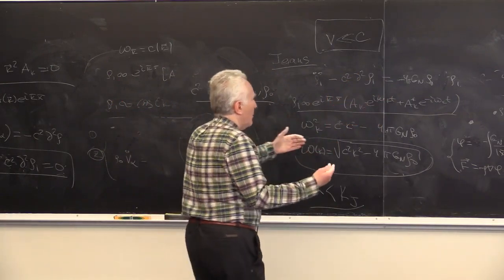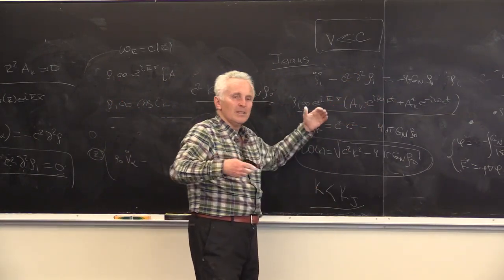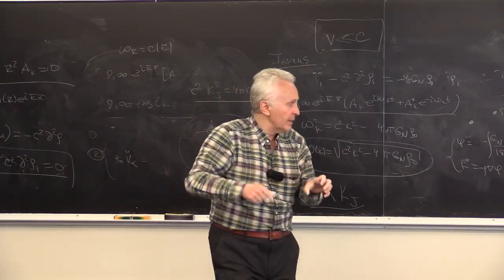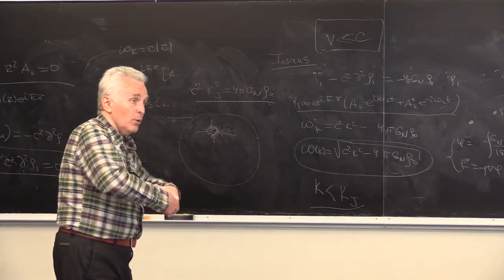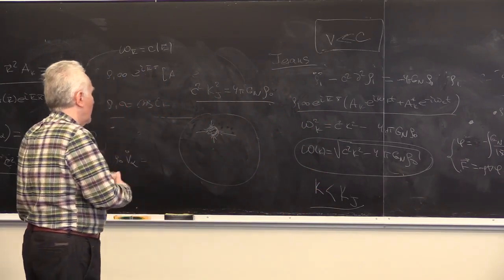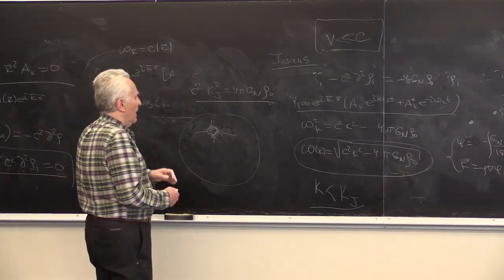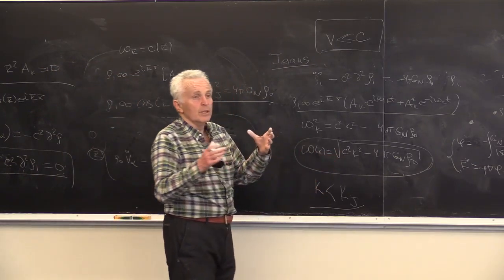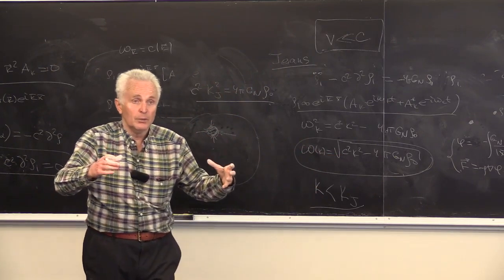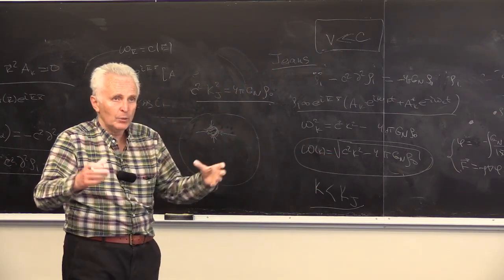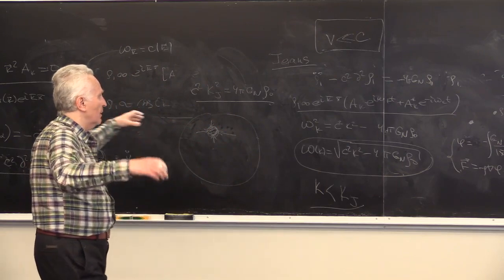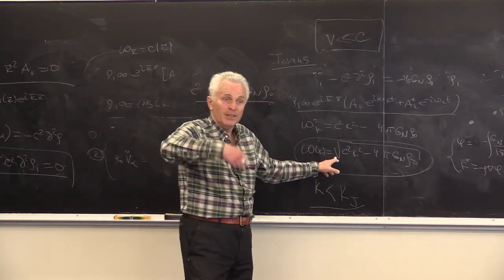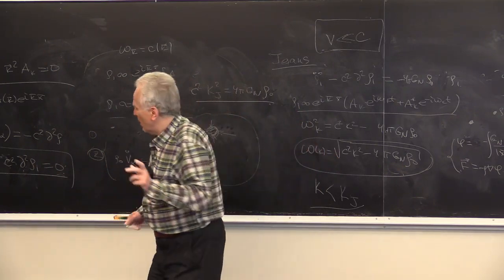And so it's an interesting balance of two forces: the gravitational force, which tends to collapse, and the pressure force, which tends to expand and compensate this. The gravitational force is proportional to the size of the fluctuation. So when the fluctuation is large, the gravitational force wins. When it is small, the frequency is real, and things are oscillating.